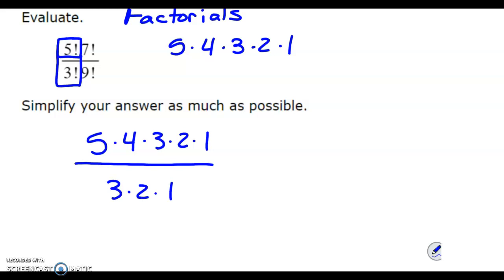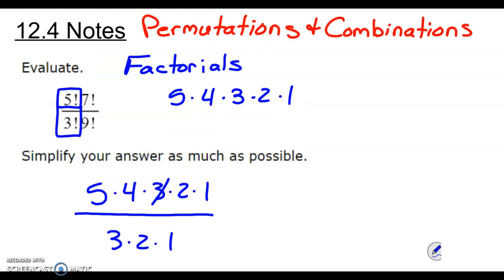This looks like a lot of work, but when you're simplifying, you're going to be able to cancel a lot of these values out, okay? Because when we list them out that way, what can we cancel out? The 3, 2, and 1 in both the top and the bottom, right?